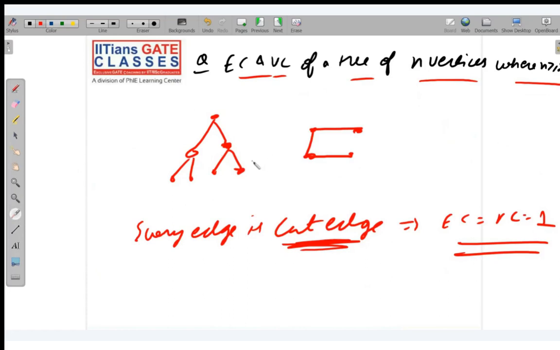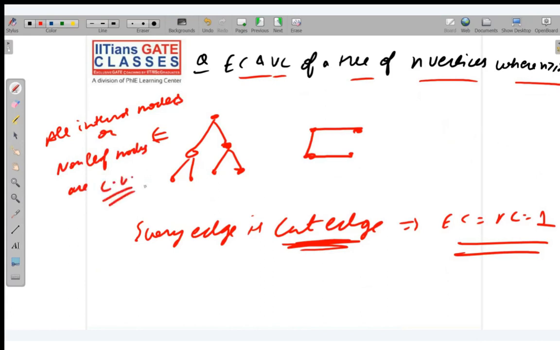I hope you have got the point that every edge is a cut edge, which means edge connectivity is equal to vertex connectivity is equal to 1, and all the internal nodes, except leaf nodes, are cut vertices. All internal nodes, or you can say non-leaf nodes, are cut vertices.